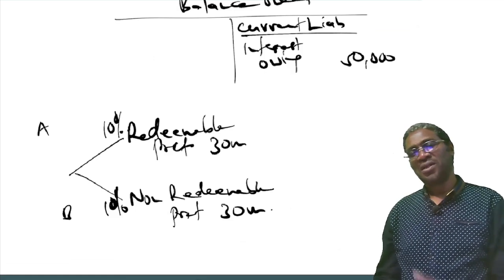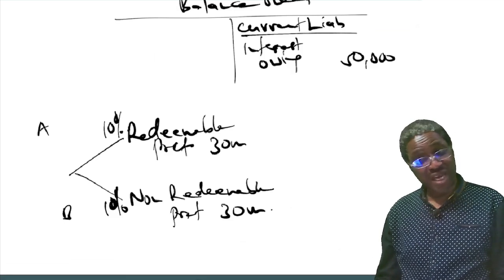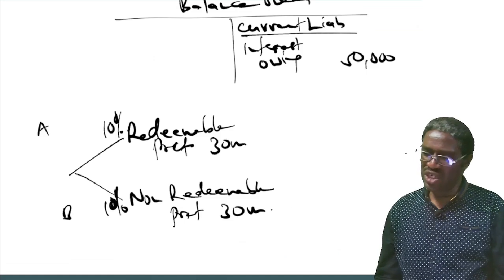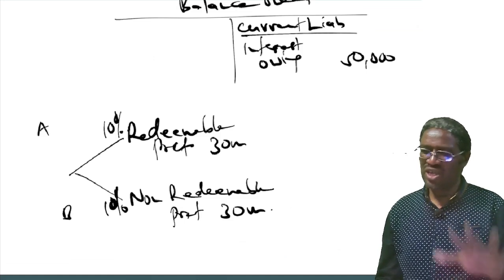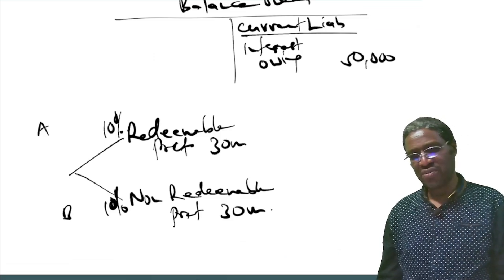Now, company A, listen, 10 years ago, they wanted to raise finances. So they issued a redeemable preference share.